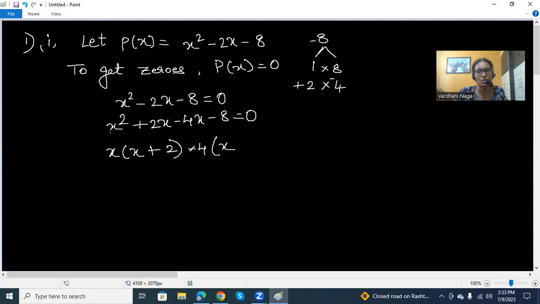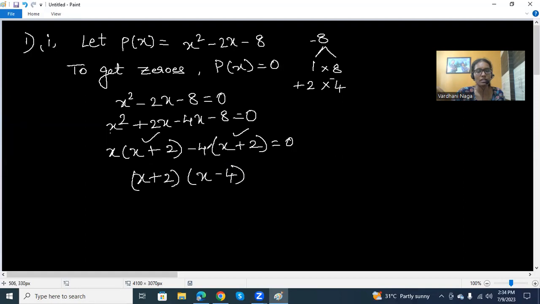Already minus we took as common, so plus remains. 4 divides 8 2 times. One observation must be required here. These two should be same, otherwise your answer is wrong. So these two common, these two will be taken as common once again, and the remaining constant or variable should be written together as one factor.